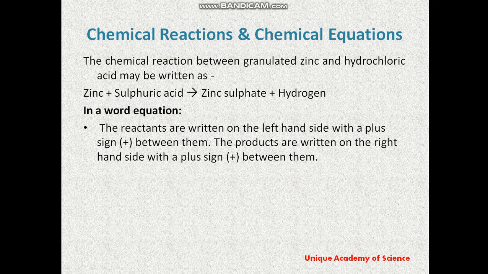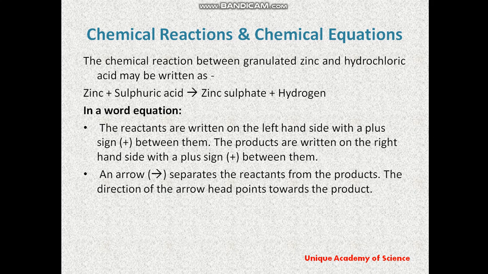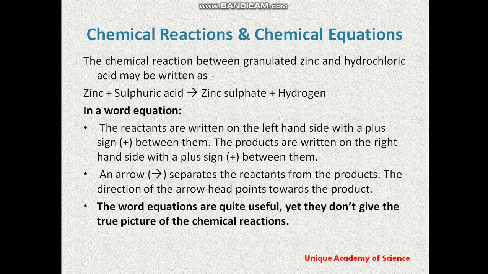The arrow indicates the separation between the reactants and the products. The arrowhead points towards the product, and the tail part denotes the reactants used for the chemical reaction.